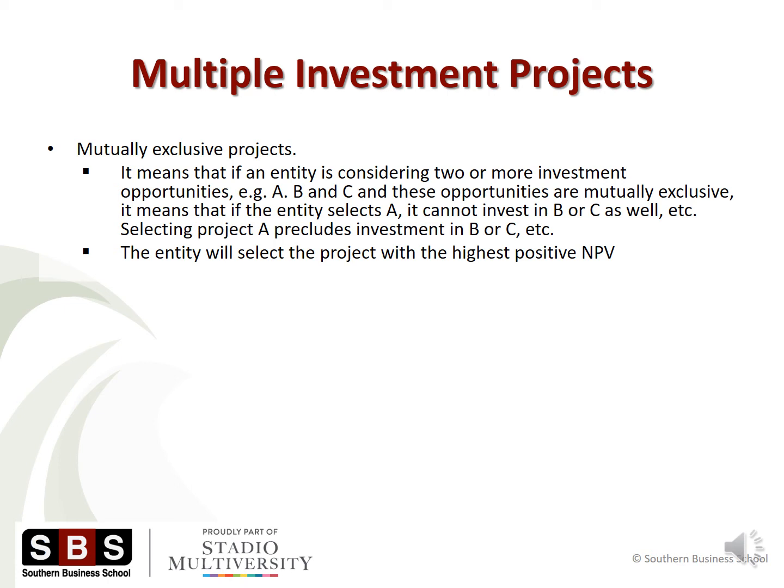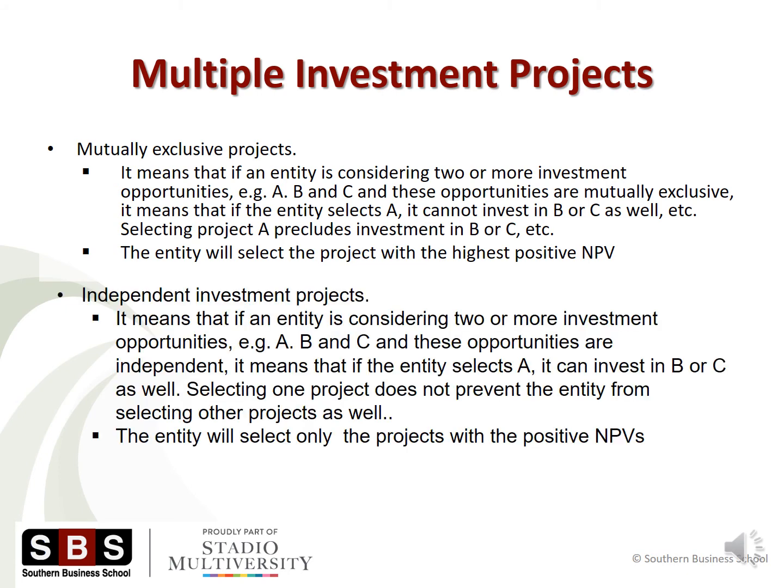Or if it decides to invest in project B, it cannot invest in A or C. In other words, by selecting one project to invest in, the other projects are excluded. That is what mutually exclusive means. In the case of mutually exclusive projects, the entity will usually select the project with the highest positive net present value.